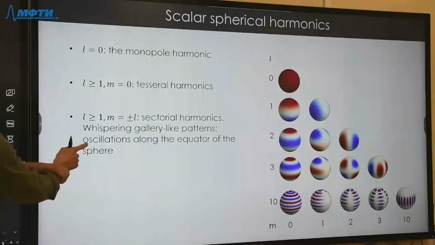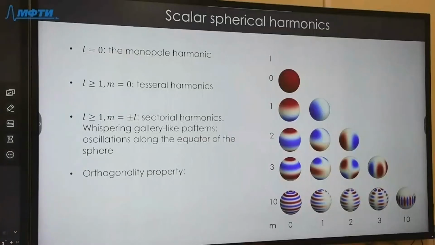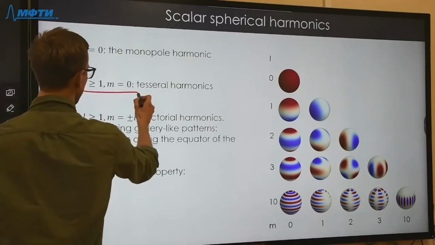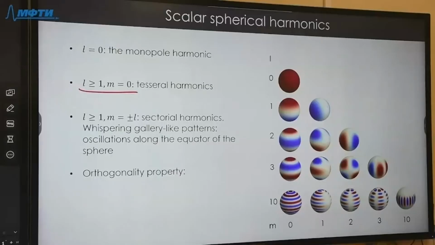This is just a reminder of what spherical harmonics are. These are scalar spherical harmonics, which are characterized by two indices, L and M. L is called the orbital angular momentum index, and M is the projection of that index on the Z axis. And spherical harmonics satisfy the orthogonality property.